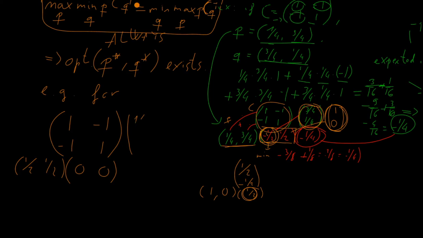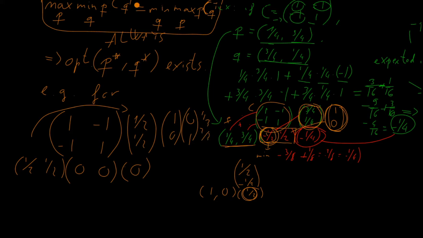And similarly, if player B just picks the columns according to the very same distribution, 1/2 for the first column and 1/2 for the other column, then the value of the game will be 0, but against this particular strategy, player A cannot improve. So here it doesn't really matter what we play, 0, 1, 1, 0, 1/3 or 2/3. The outcome will always be 0, 0 and 0. In general, the outcome will always be at least as large as the minimum.